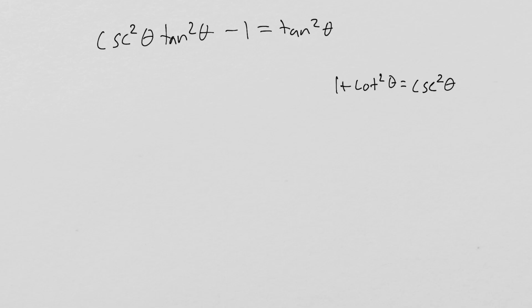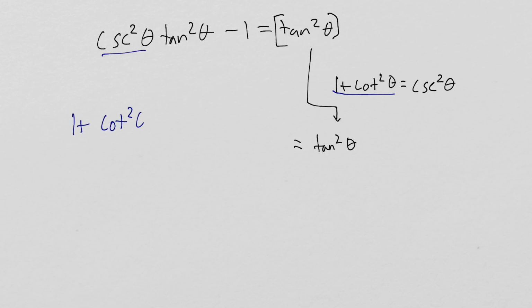And if we look at the left side, we've got that cosecant, so we're going to use that idea. First, we're going to take our tangent and drop it down because we don't want to touch that side. Next, we're going to take our cosecant expression and put it in for cosecant: 1 plus cotangent squared times tangent squared minus 1.